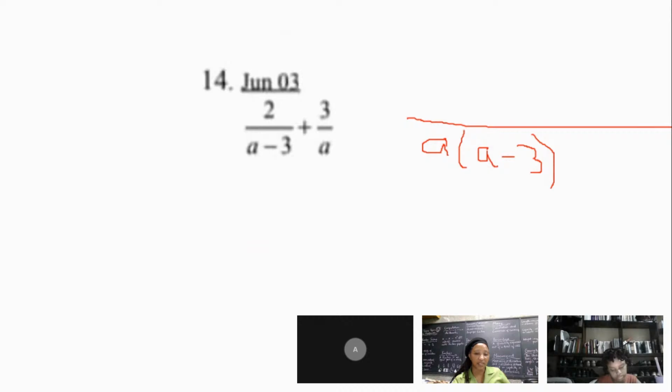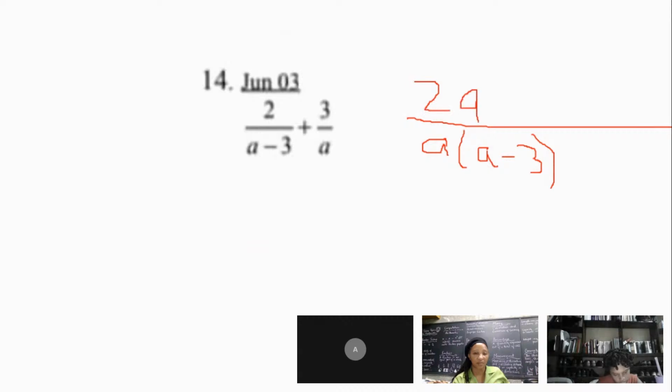Remember, this is a denominator, so this into that would cancel out this, so it'll be negative 3. So a minus 3 cancels out the a minus 3, we're left with a, so it's 2 times a.